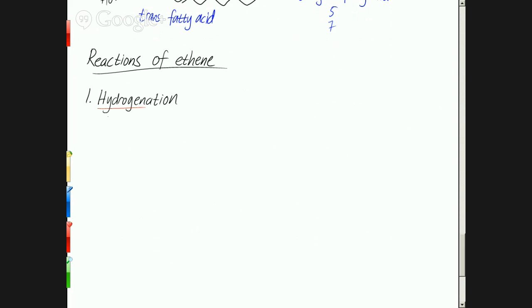Hydrogenation. So we take our alkene and we add hydrogen, which is H2, right? A molecule of hydrogen is H2.